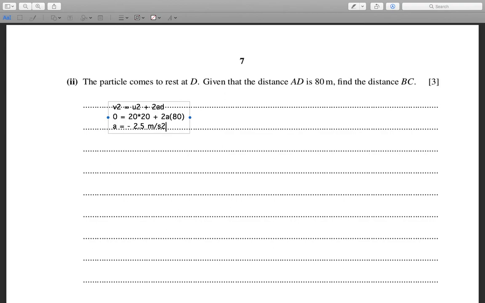So find the distance BC. We can use V at B plus something times T, but we don't have T. So we go back to VC squared equals VB squared plus 2aD.